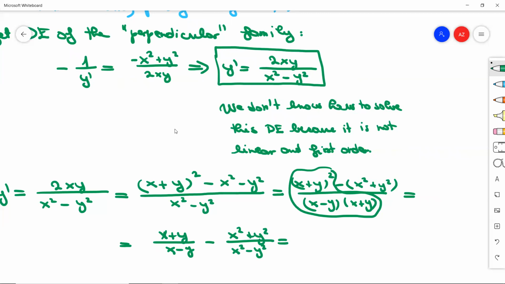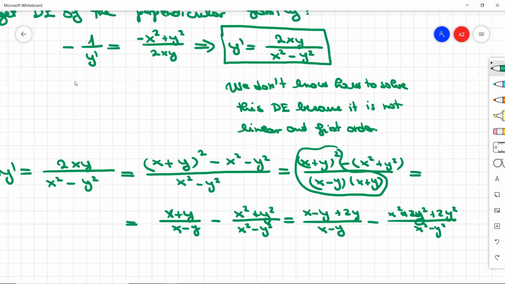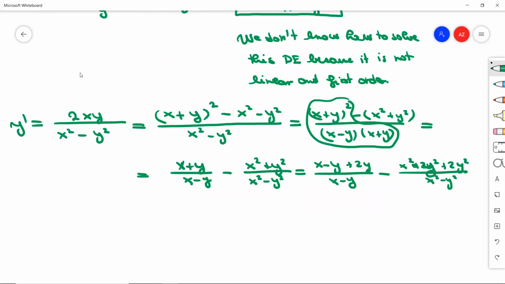If we continue, we get (x minus y plus 2y) over (x minus y) minus (x squared plus y squared) over (x squared minus y squared). And I think we won't get anywhere in the solvable form. So let's stop here. This won't work.